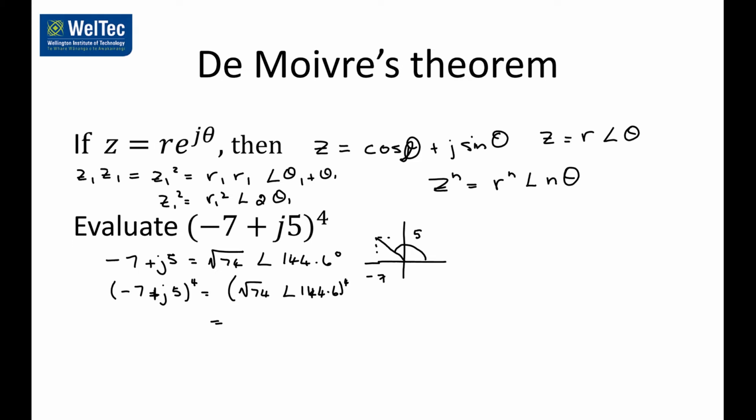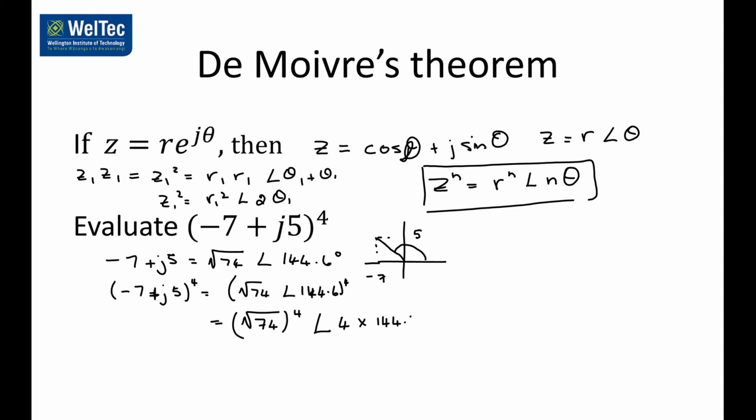So Moivre's theorem tells us that the complex number to the power of 4 is the modulus to the power of 4 angle 4 times the argument. Let's work that out. Root 74 to the power of 4 would be the same as 74 squared.